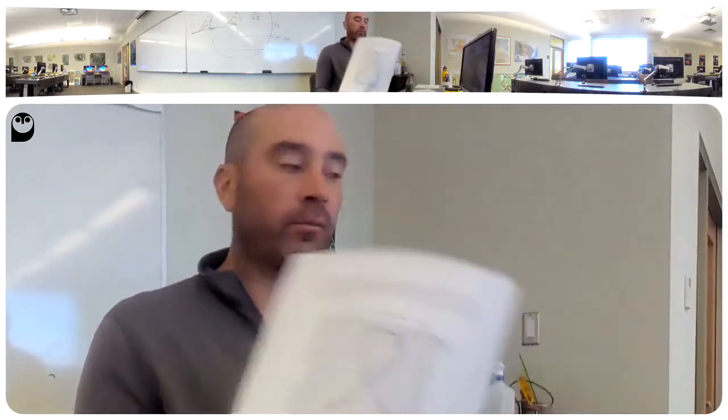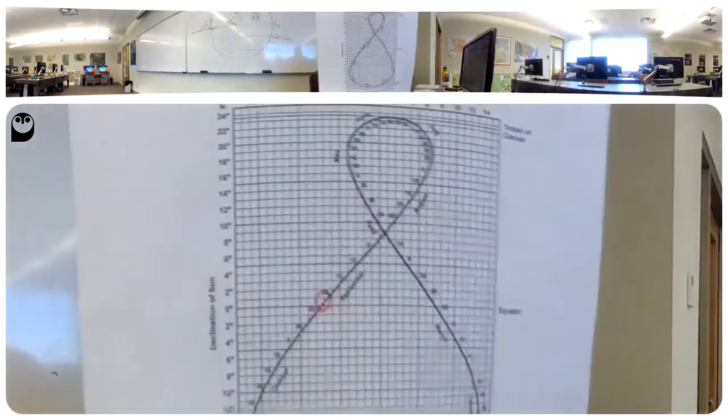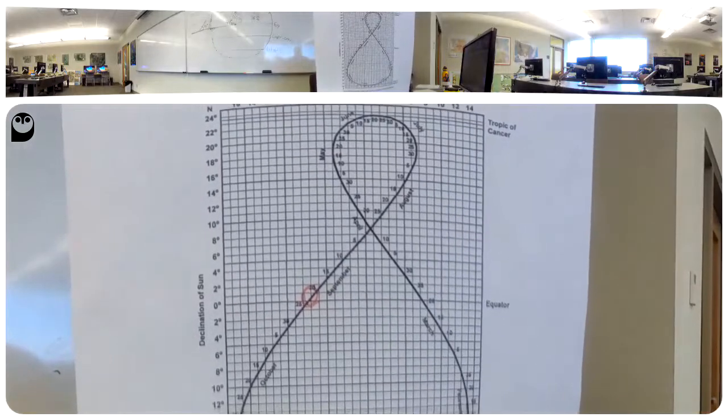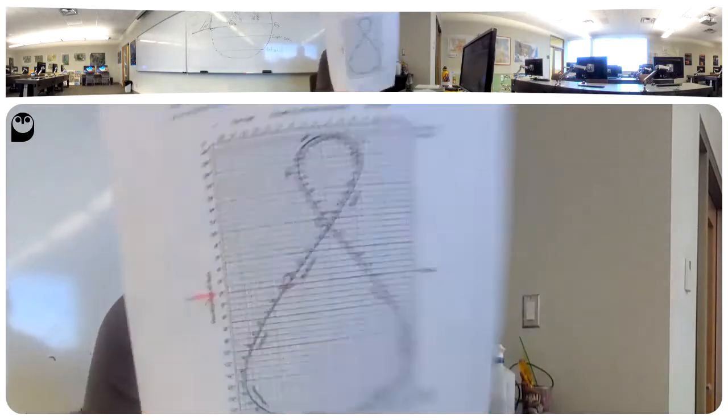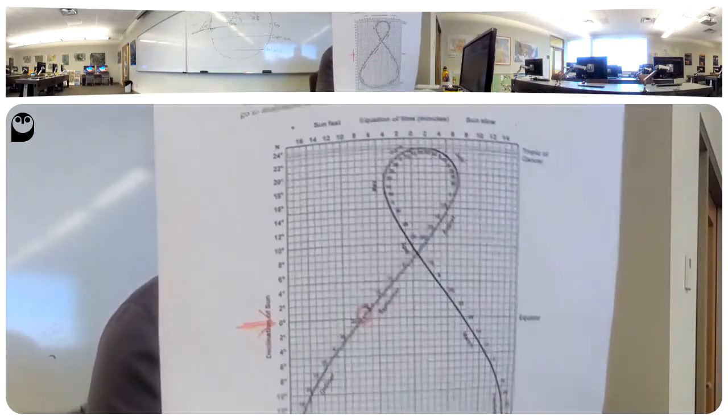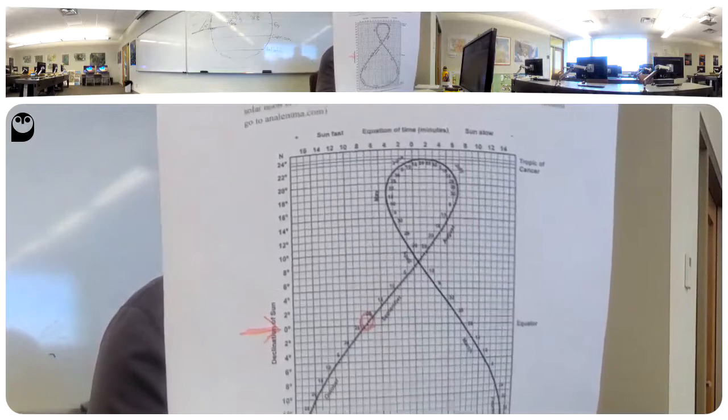If you find September 21st on the analemma, and I'm just going to circle it with my red pen here, you can see where the subsolar point is. It's at 0 degrees. It's at the equator, right?